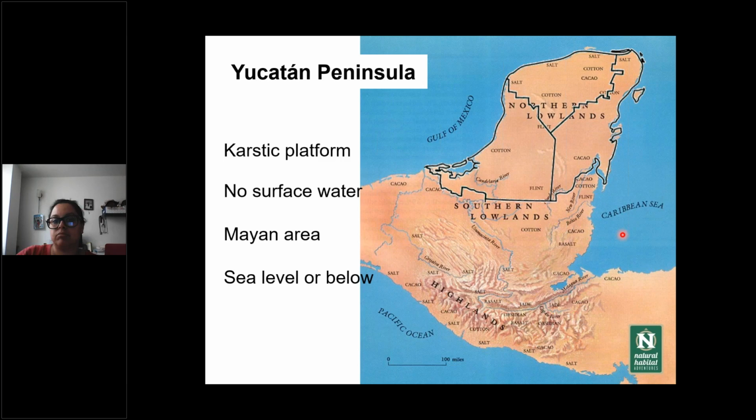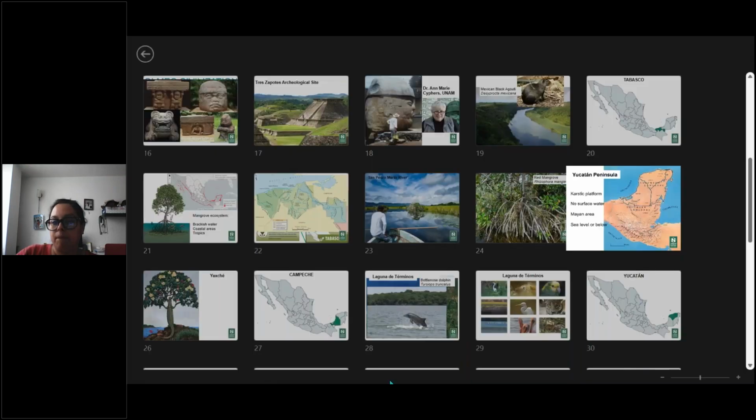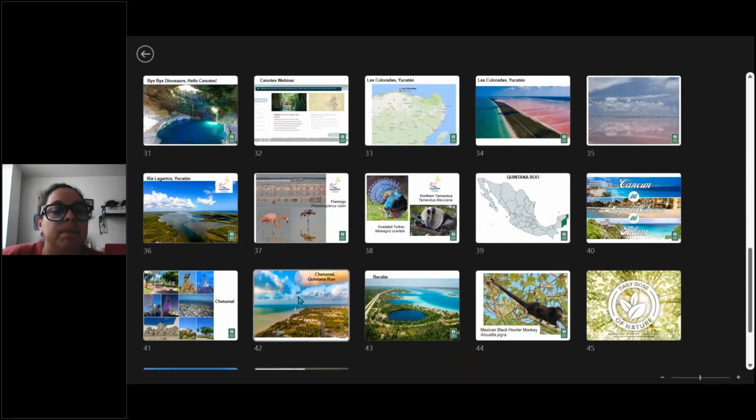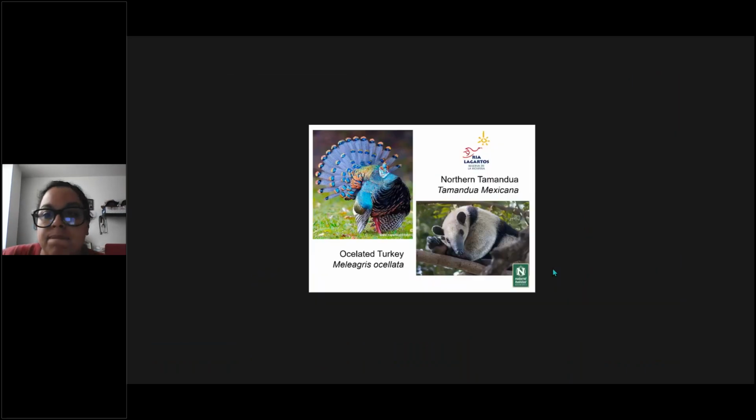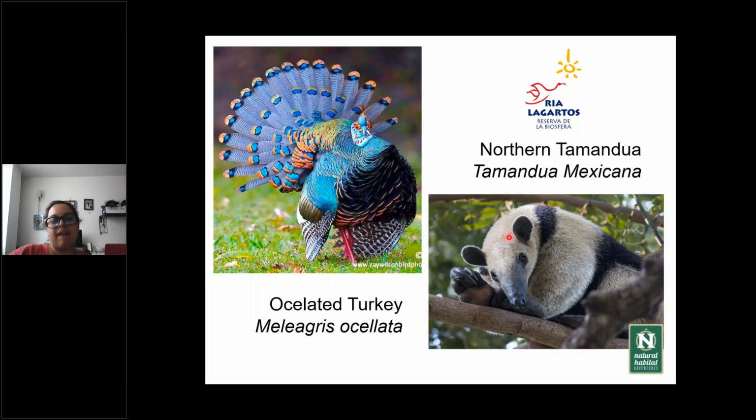Okay, great, thank you. Is the tamandua a relative of the anteater or tapir? The tapir, the which one? Tamandua, is it related to the tapir? Oh, no, they are not related.